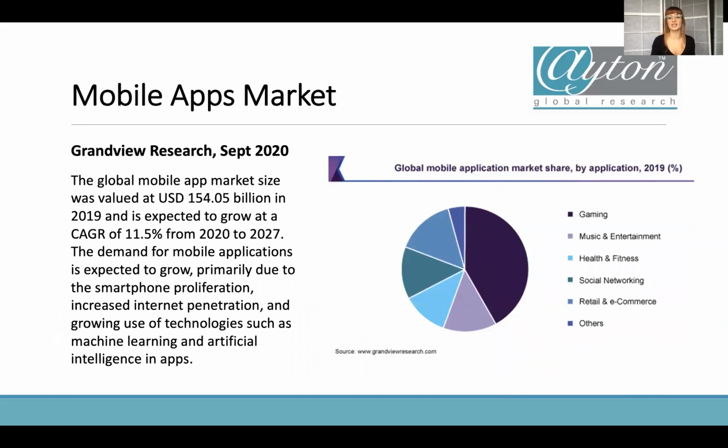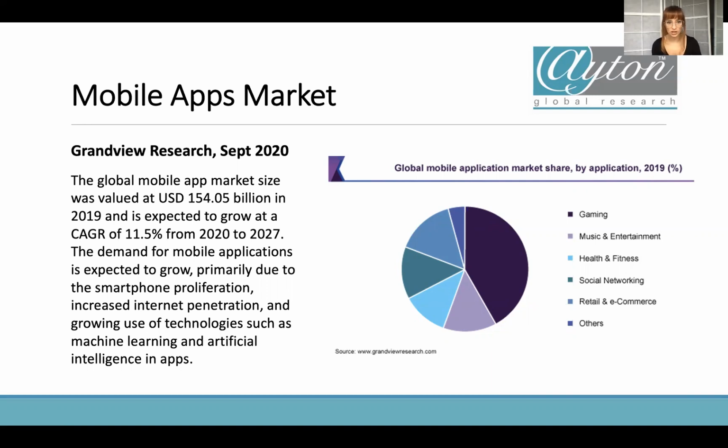So today I want to break down the market for consumer technology and software. I've looked at two categories that are very popular at the moment within that overall category. One is the mobile apps market, because mobile apps have become a huge market within software, and probably one of the easiest to access as a consumer.